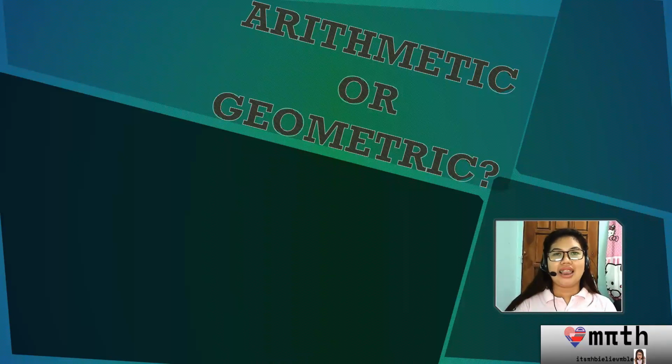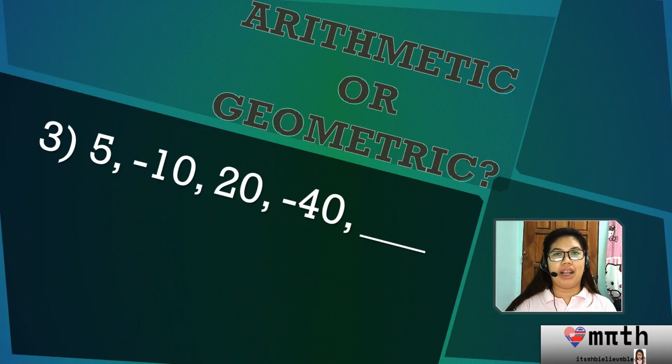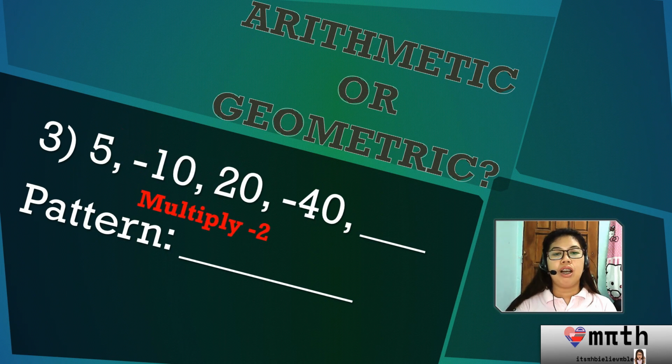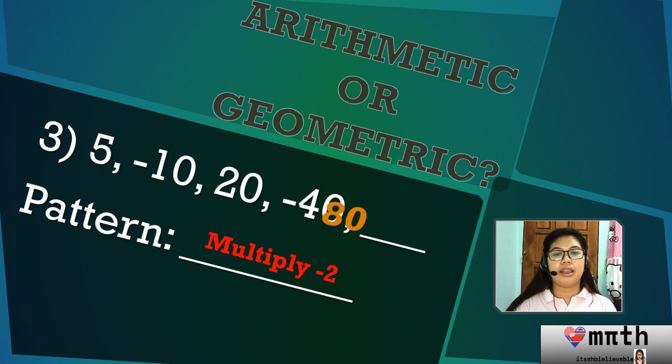Lastly, the given on the activity a while ago, the sequence 5, negative 10, 20, and negative 40 has a pattern of multiplying by negative 2 and has a last number which is 80.